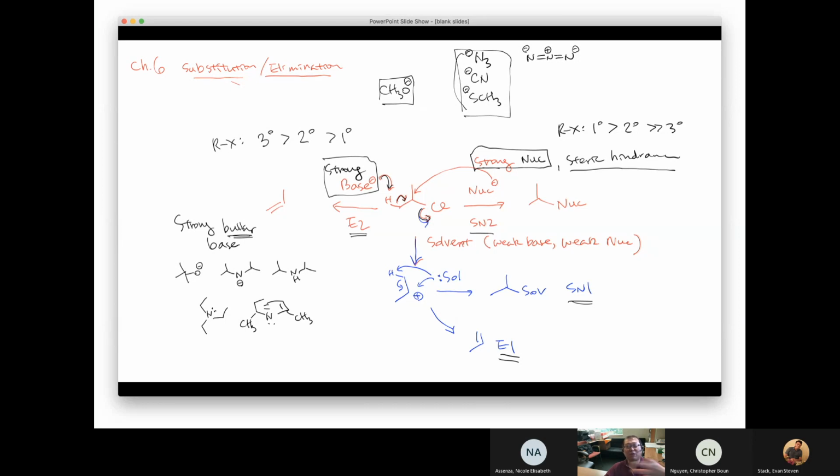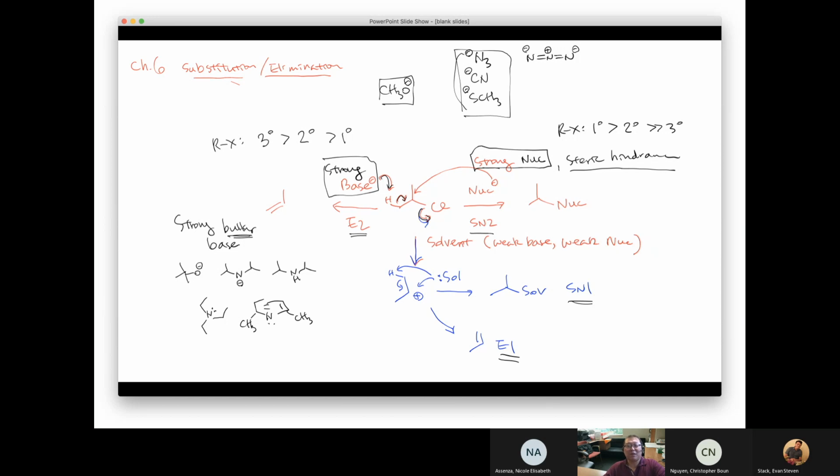The molecule basically sits around, and if you provide enough energy, the halogen pops off and makes the carbocation, and then we normally assume SN1 and E1 take place at the same time. So there's no such thing as you only see E1 and never see SN1, right? They always happen both at the same time.